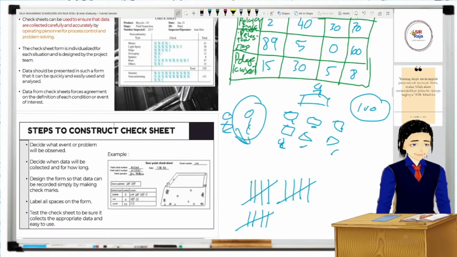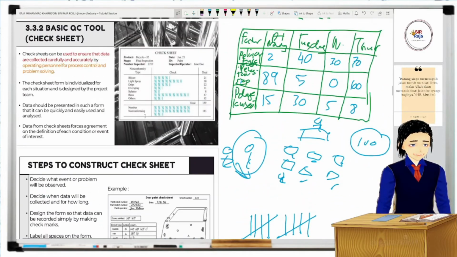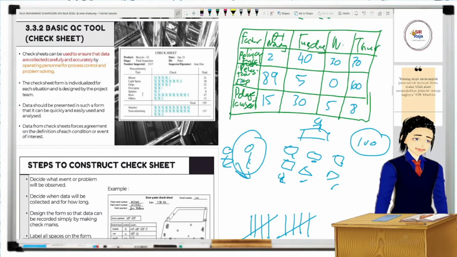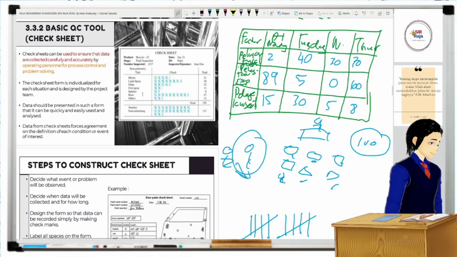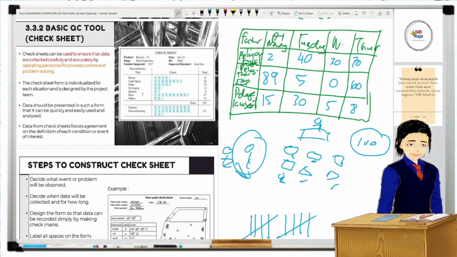Then we have check sheet. This is the kind of check sheet we're going to look at. Basically, in a check sheet you list the types of things, the aspects you are looking at and observing. So you are using your observation, what we call the five senses, like your eyes.